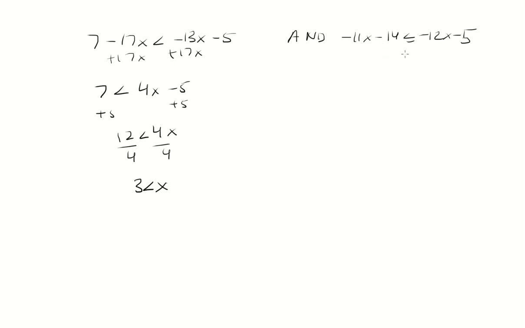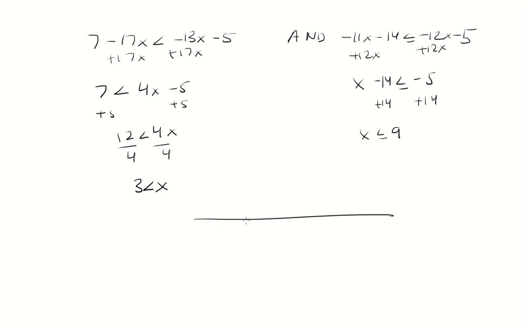And then for this one, we'll add 12x to both sides to get x minus 14 is less than or equal to negative 5. Add 14, and then you get x is less than or equal to 9. So if we draw a number line, we'll have 3 and 9 on here. Here we have x is greater than 3, so it has to be open circle to the right.